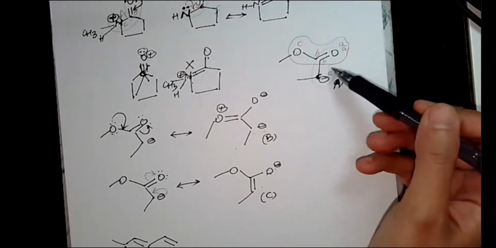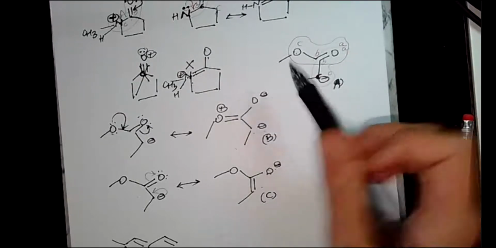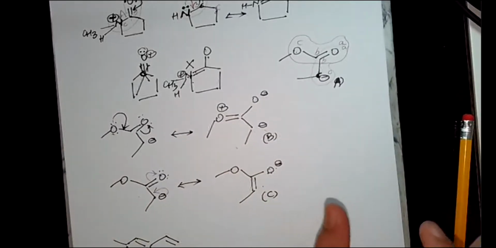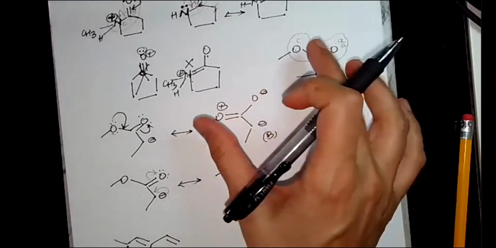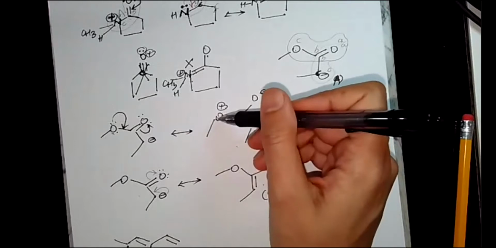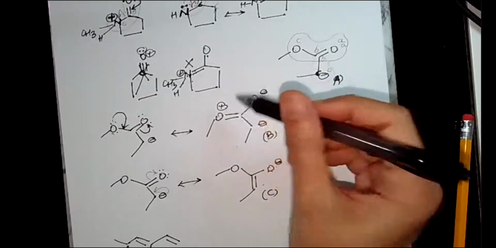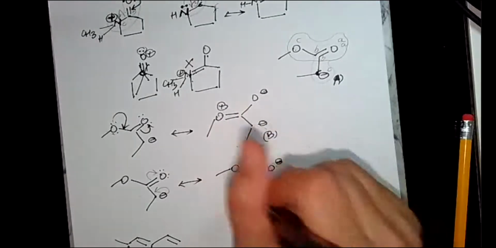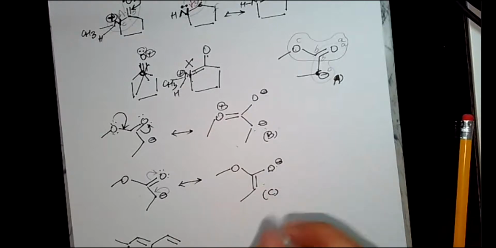However, the charge has been split too much. There's so much splitting of charges. Plus, the oxygen, the electronegative element, has to accommodate a positive charge. So this makes this structure unhappy, or less stable, or less significant.